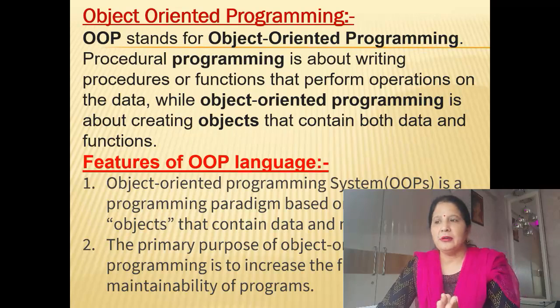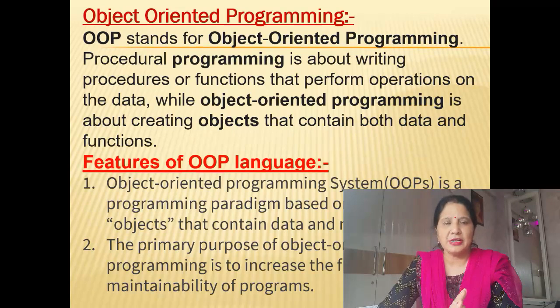It means when we are creating an object, that object relates both the data and the function. Data is the information which we are giving to the computer, and the function is the processing which we are doing on the system.